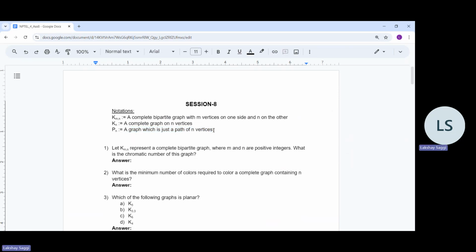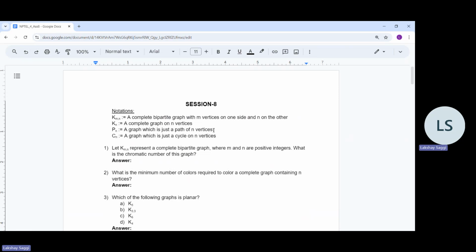Similarly, another notation which I would like to denote is C_n. So C_n is just a cycle graph, a graph which is just a cycle on n vertices. So if there are four vertices, then you can form a cycle connecting those four vertices.